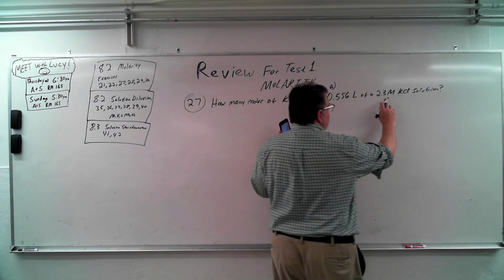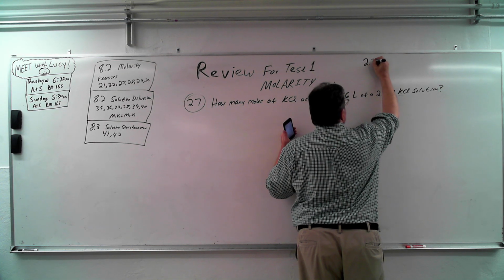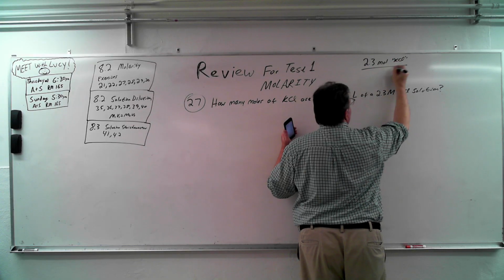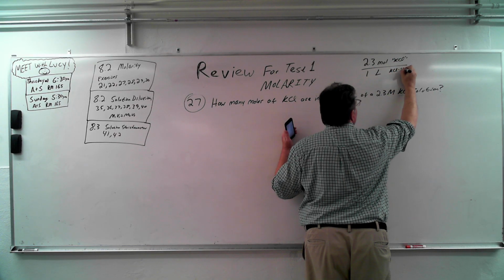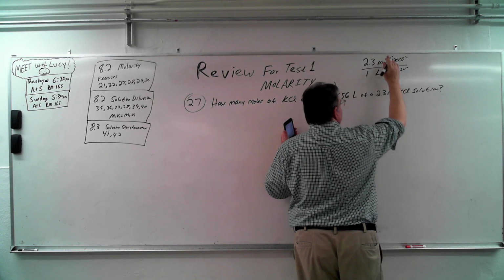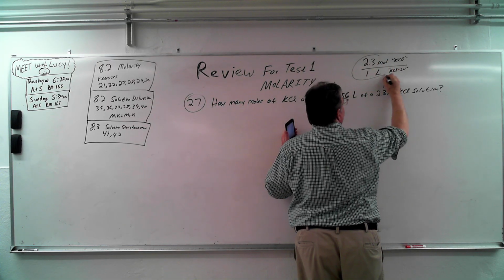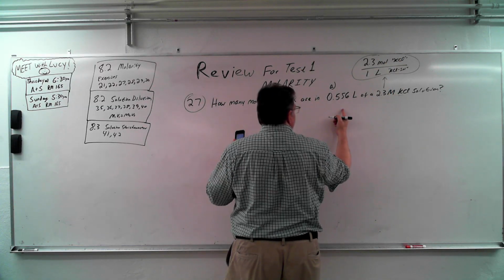Do remember when you see the M, go ahead and write that out more formally as 2.3 moles of KCl in 1 liter. Moles over 1 liter is literally the definition of the M. So we'll use that. We'll use this as is.